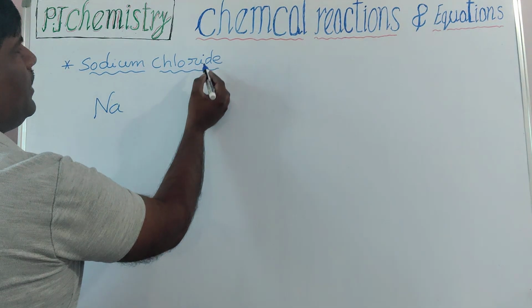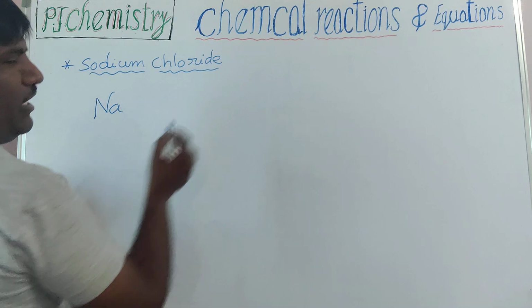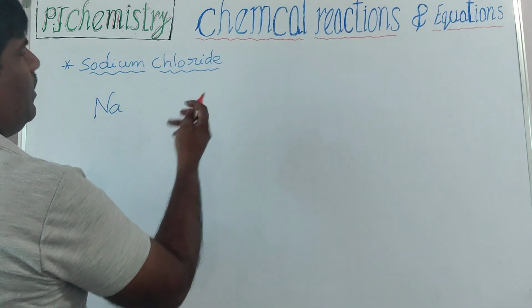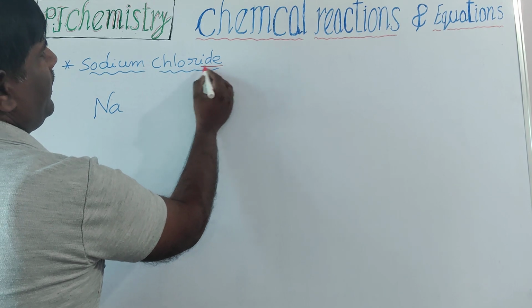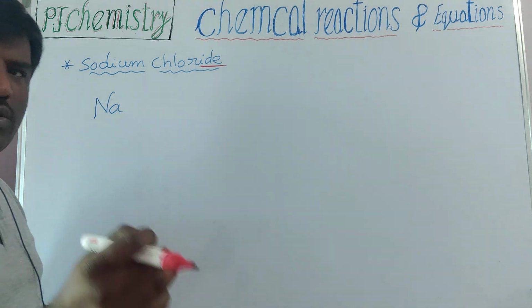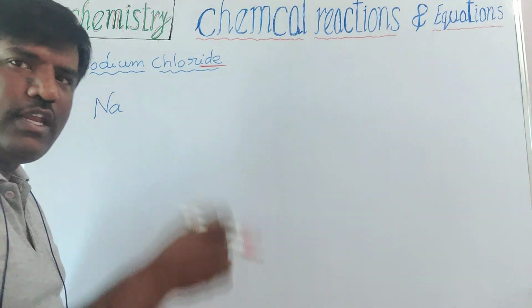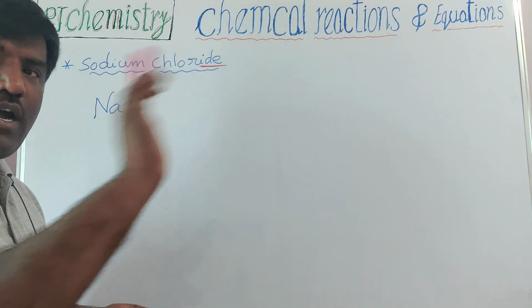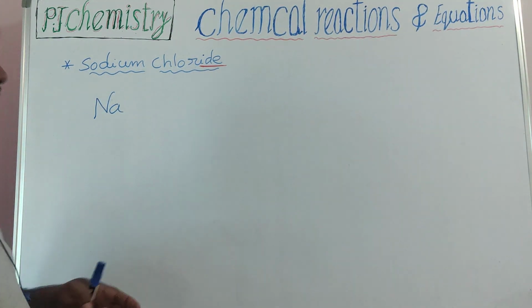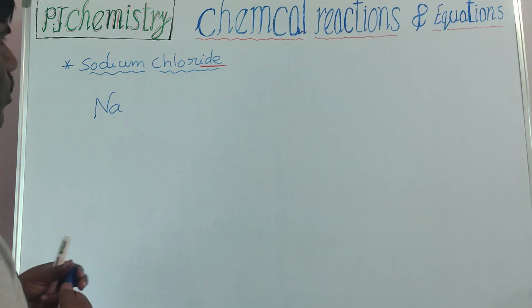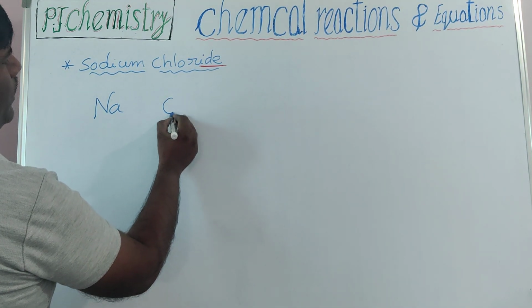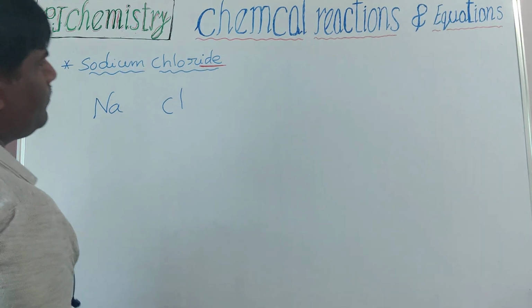You observe here, children, chloride ends with IDE. When it ends with IDE, you have to take the symbol of the element, not of the ion. Chloride means chlorine, so we should take the symbol of chlorine.